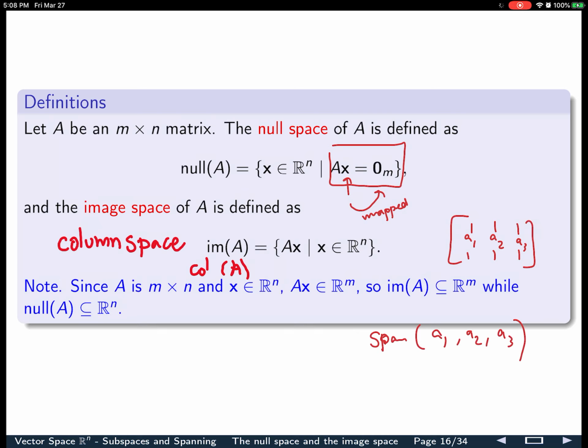So x lives in n-dimensional space, and you're mapping it onto the zero vector in Rm, the number of rows in the matrix. So you're taking something in n-dimensional space and mapping it onto something in m-dimensional space.